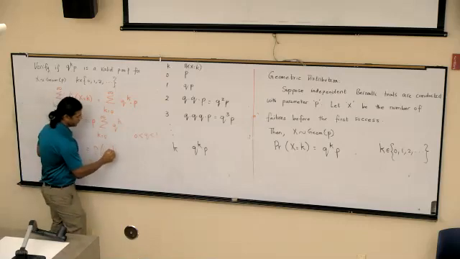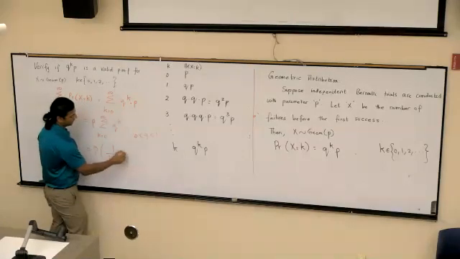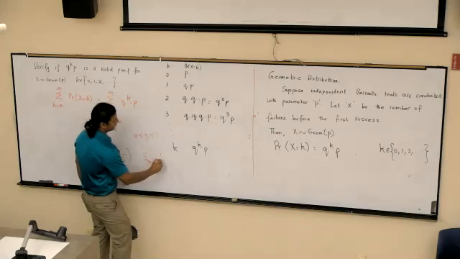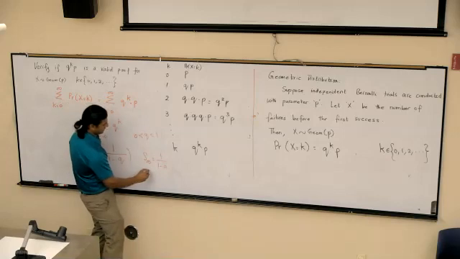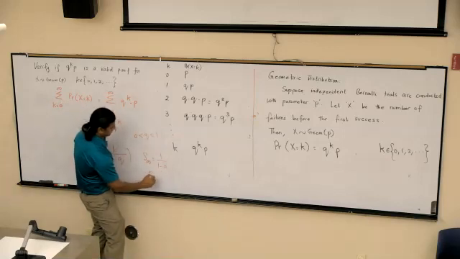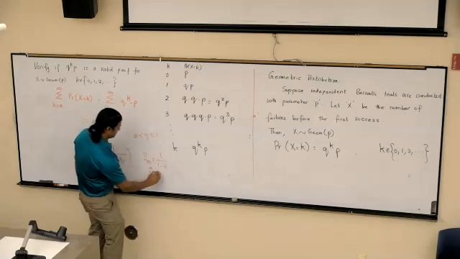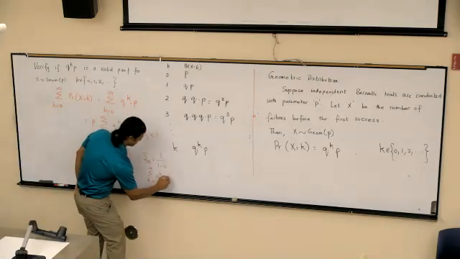So it would be 1 over 1 minus Q, because the infinite sum of a geometric series is 1 over 1 minus A, assuming your first term, I'm starting at 0, and A has to be between 0 and 1.